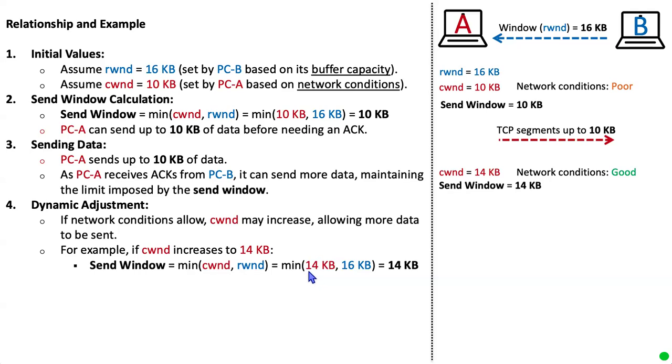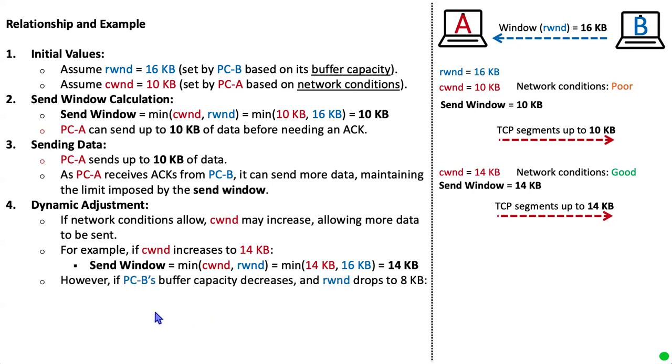Our send window, the congestion window, is 14,000 bytes, but the receive window is set at 16,000 bytes. The congestion window is still less, but it's actually gone up a little bit, hasn't it? So now our send window has increased from 10,000 bytes to 14,000 bytes because the congestion window increased. The network conditions got a little better. That's always a good thing.